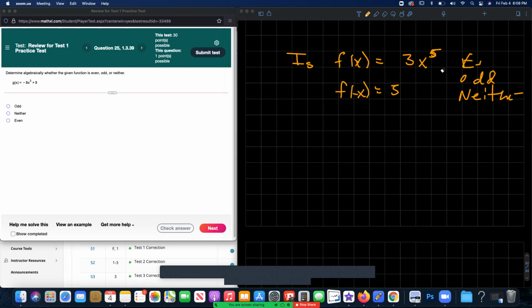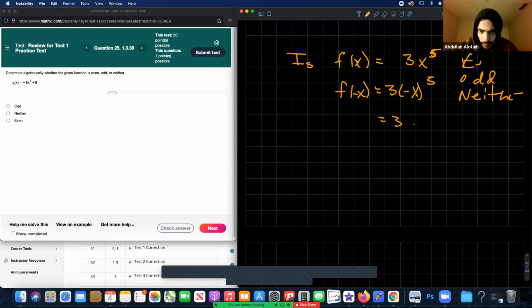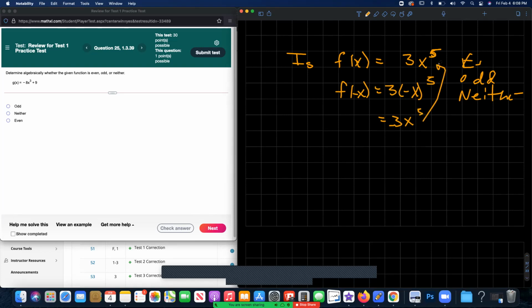Oops, wrong eraser. Got too many things going on here. All right, we'll plug in negative x. And this gives us negative x to the 5th, which is the negative version of this. Very good. All right, what if you had h of x equals 5x cubed minus x?